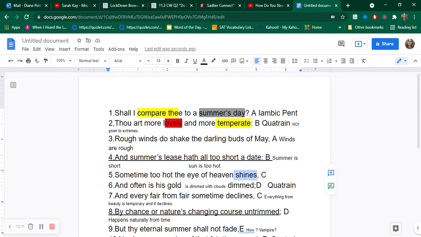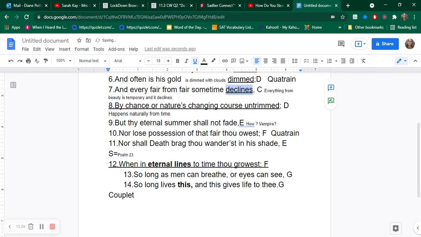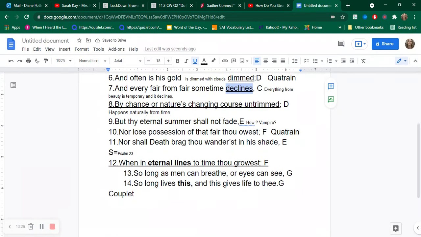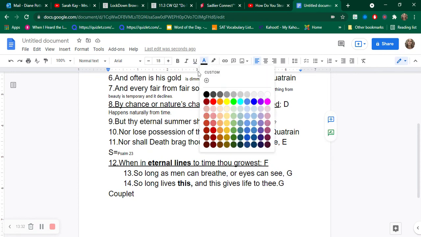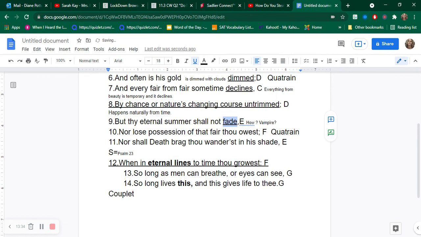Shines, underline, dims, dimmed, declines, fade, and shade.